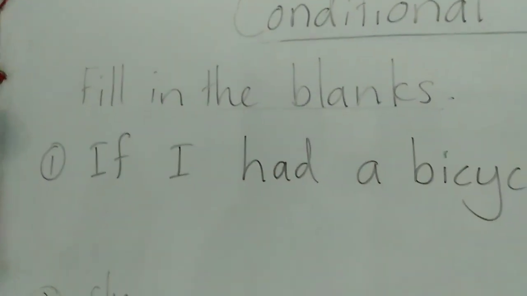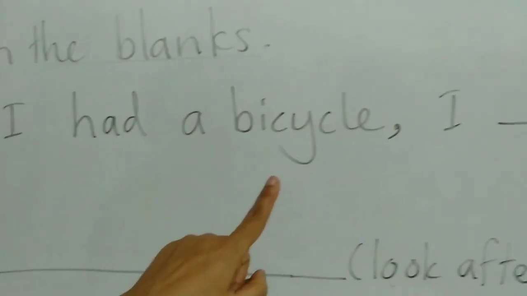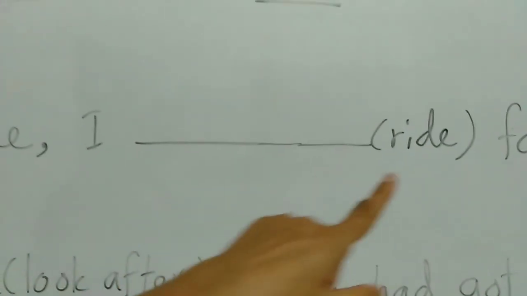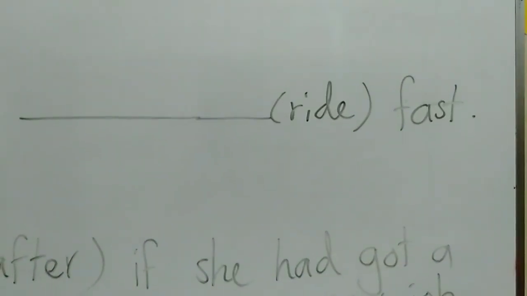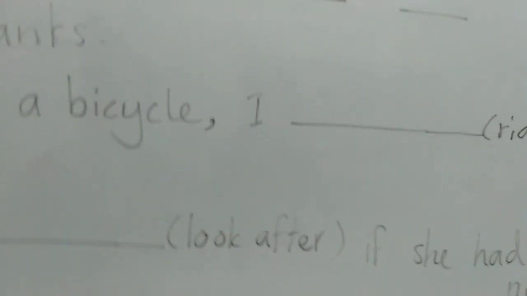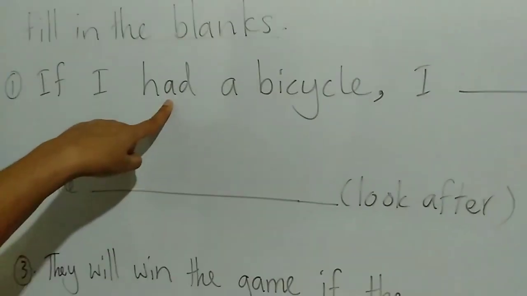Fill in the blanks. You carefully see the sentences. If I had a bicycle, the verb is ride fast. You firstly understand what the if type is: type 1, type 2 or type 3. You can see the past tense in the conditional clause.